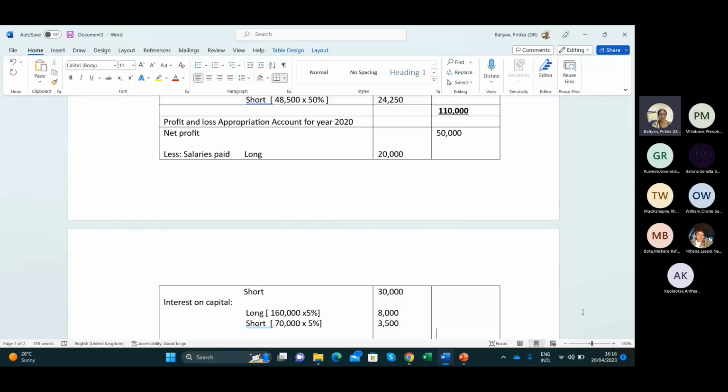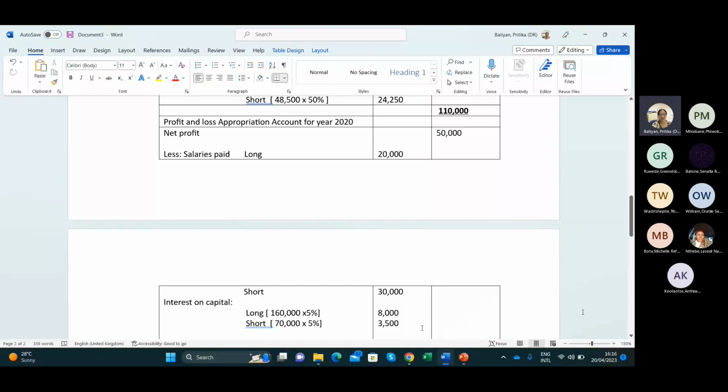Yes, the profit was 50,000, and from that the salary was paid 50,000.